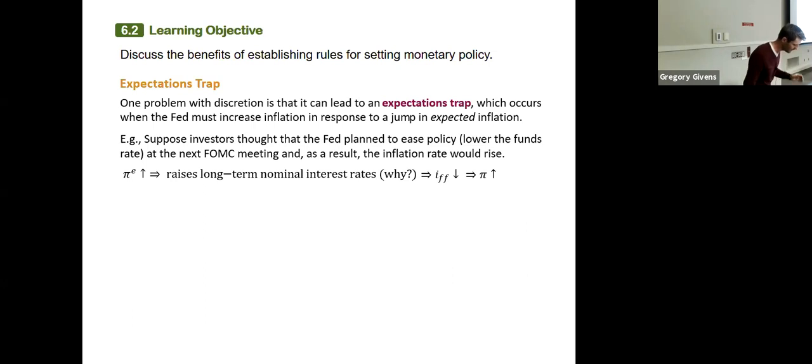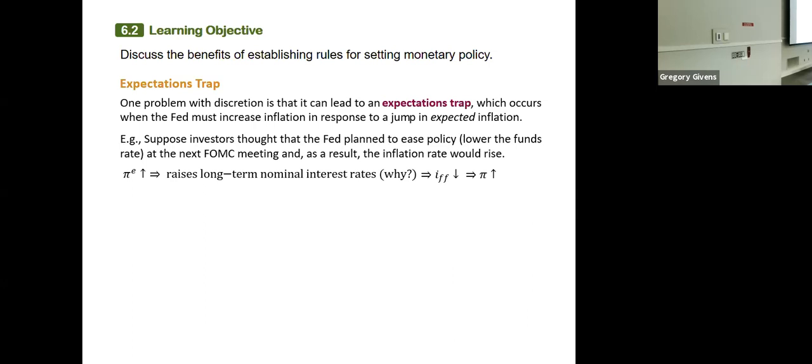You see what's happened here. Merely an increase in expected inflation has caused a rise in nominal interest rates, which causes the Fed to actually try to lower its funds rate target in order to avert the recession, which ends up bringing about higher inflation anyway. So this increase in expected inflation is kind of self-fulfilling.